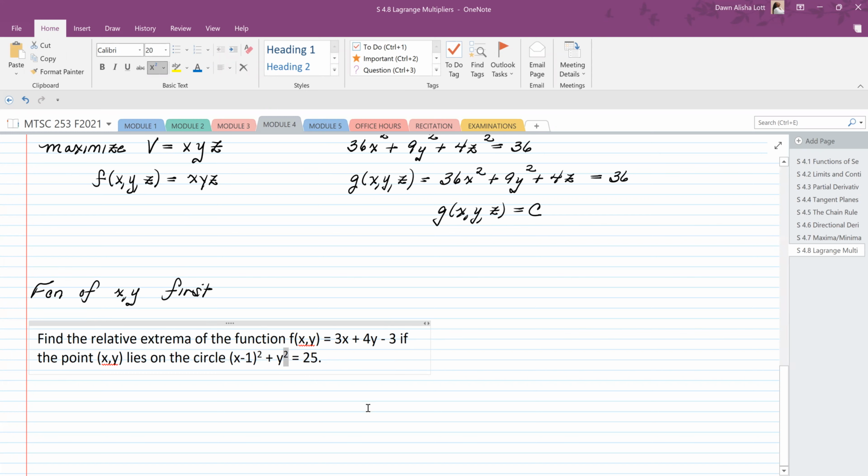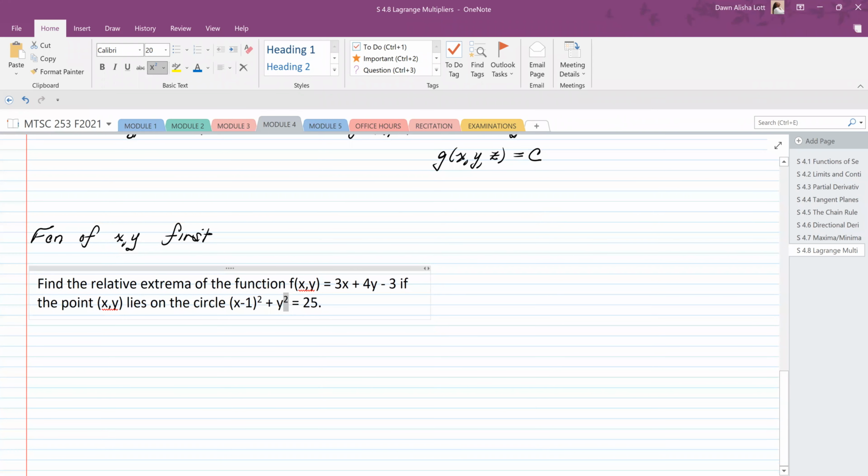So we are now trying to maximize and minimize f of x, y.